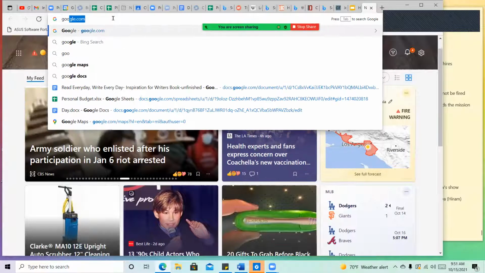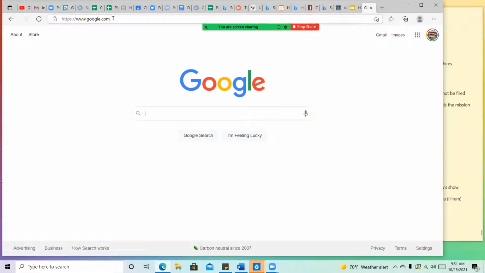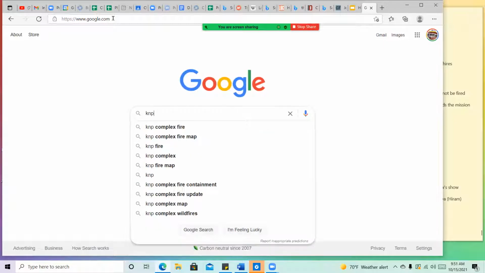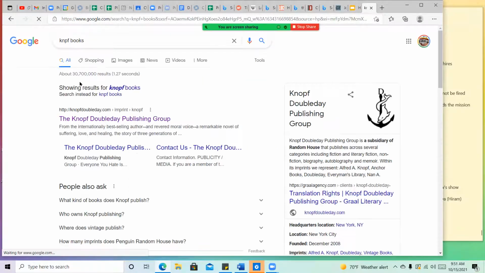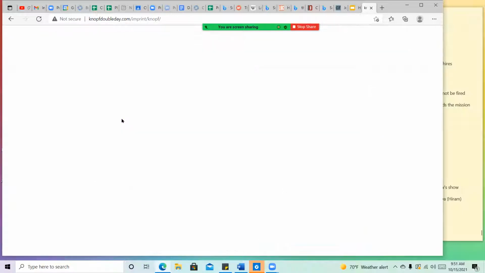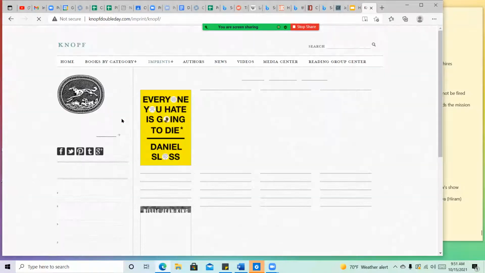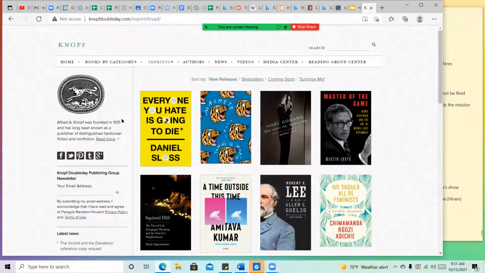So if I look that up, go to Knopf books. Yep, spelled that wrong. But I found out through looking this up that Knopf books used to be called Alfred A. Knopf, founded in 1915, right?